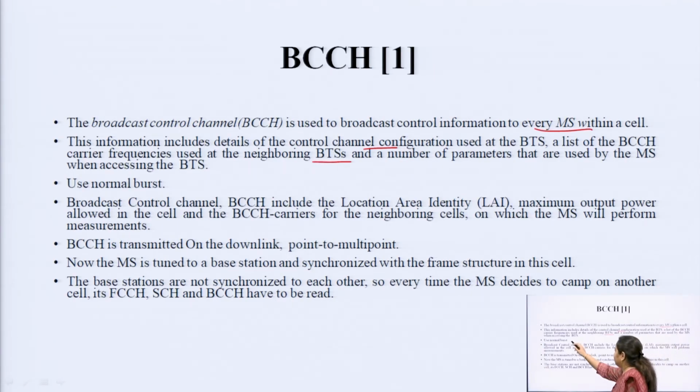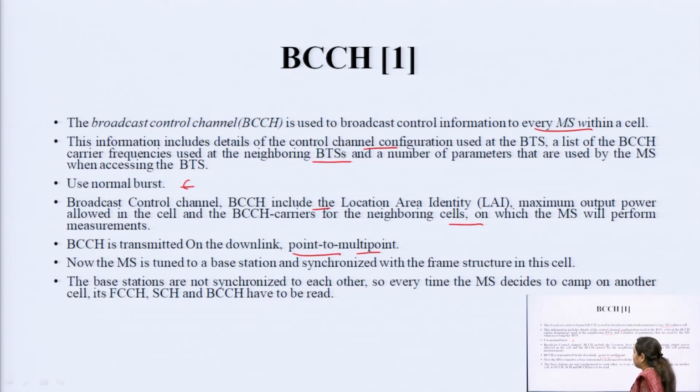It uses a normal burst. The BCCH includes the location area identity, the maximum output power allowed in the cell, and the BCCH carriers for the neighboring cells on which the MS will perform the required measurements. BCCH is also transmitted on the downlink point to multipoint.